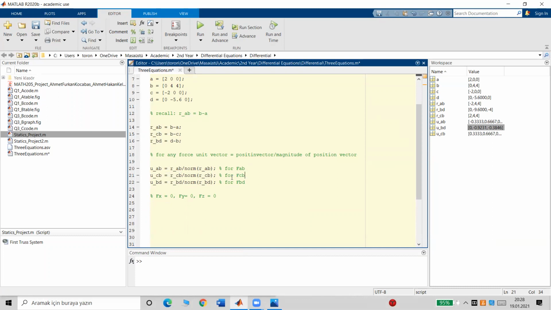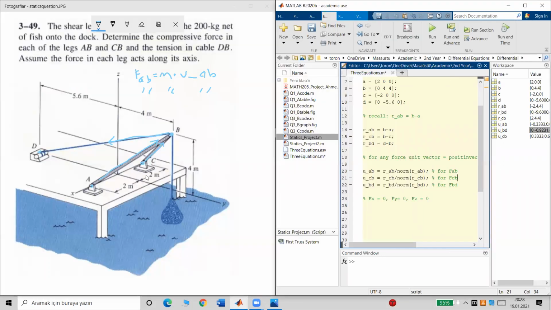And if you add them up, because this system is under equilibrium, they should be equal to 0. This is for x. Y, same. However, in the z direction, along the z-axis, we have also a load. Let me write here. Load is equal to 200 times gravitational acceleration.